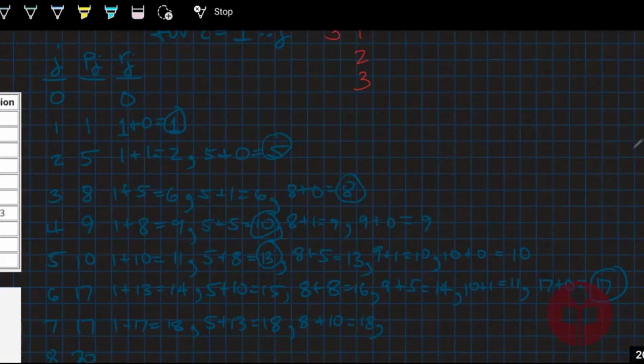Fourth calculation, 9 plus 8, right? So that gives us 9 plus 8 is 17. Fifth calculation is 10 plus 5, right?